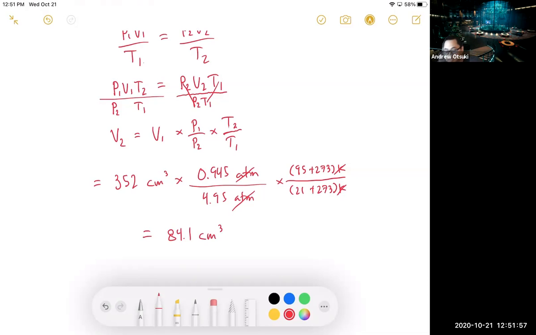Let's see if that makes sense. Our pressure went up to 4.95 ATM, so our volume should decrease.